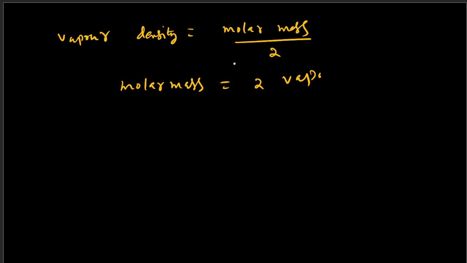Observed density, we can write as vapor density. The correct term is 2 into observed vapor density.